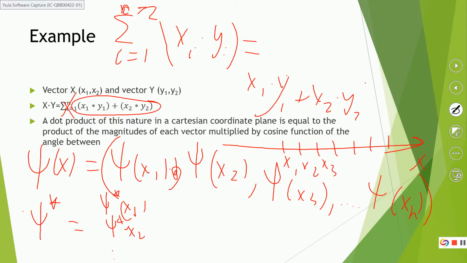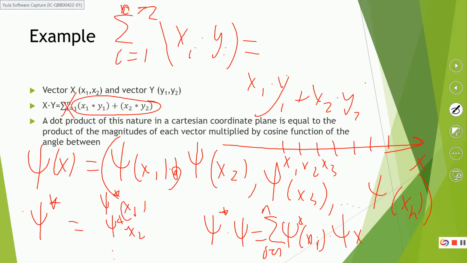And then the dot product will be a summation, processing the same stuff. So summation of i from 1 to n, psi of x_i star times psi of x_i, no star.